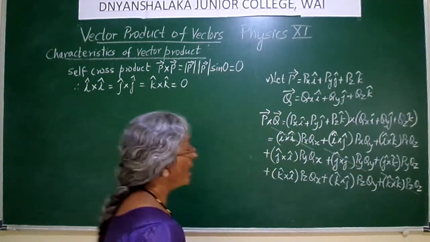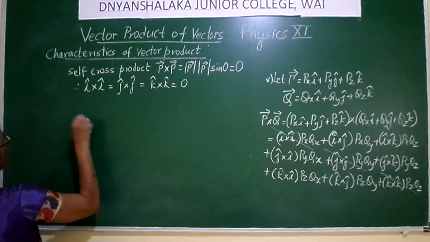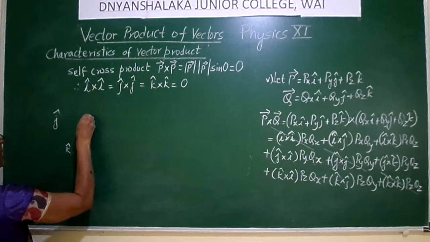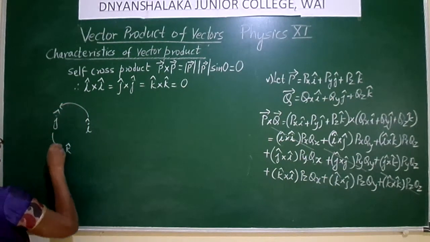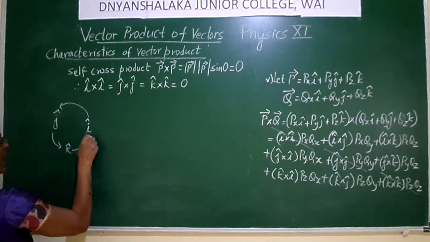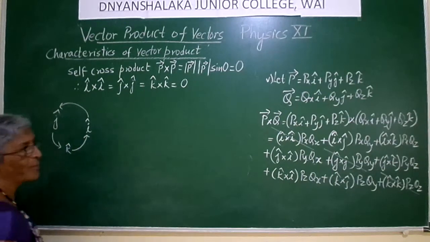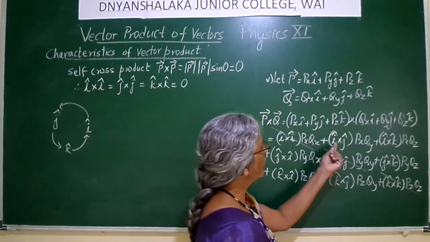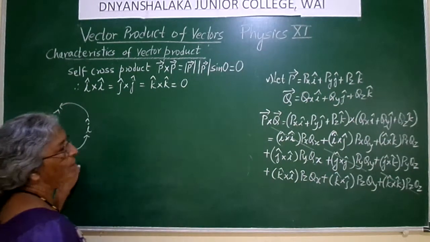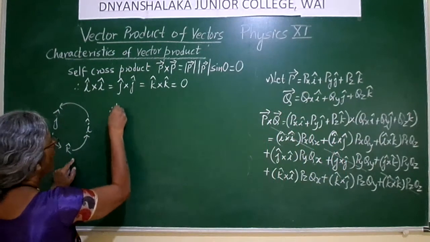Now already we have seen, students, if I take this as I, this as j, and this as k, then I cross j gives me k, j cross k gives me I, and k cross I gives me j. So I cross j is k.